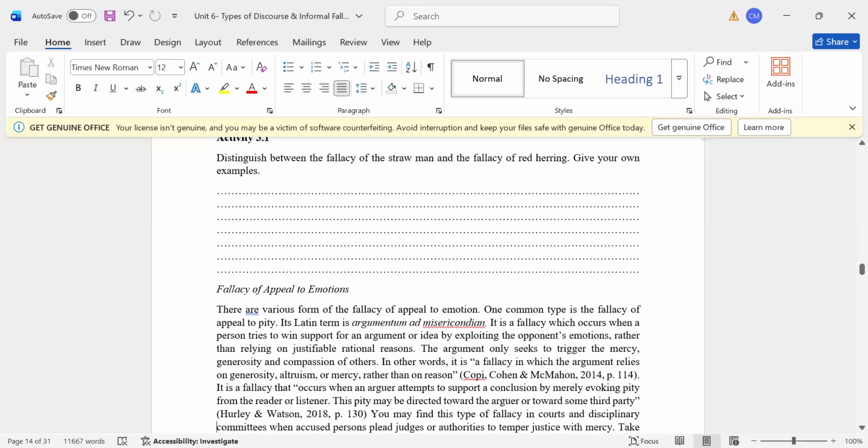Fallacy of appeal to emotions. Here again, the relevant facts are discarded in favor of emotions, in favor of our feelings. You step on my feet, and I ask you, why did you step on my feet? I expect the ideal situation: oh, it is unintentional, I didn't see.